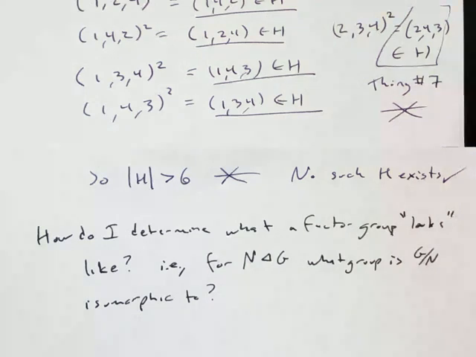How do I figure out what factor group I actually get? We did one of these last week. Z4 times Z2, I think we did. What was the example I wrote up last week? I think it had something to do with Z4 times Z2.